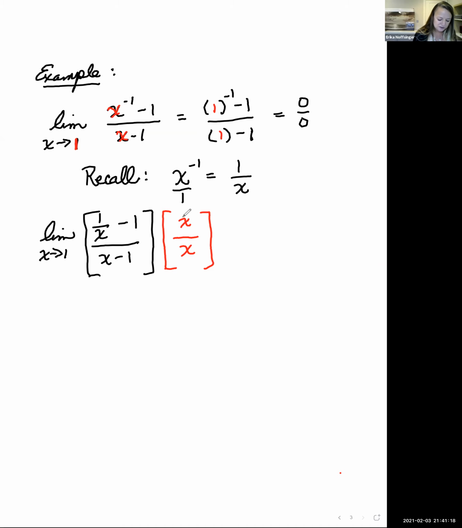So when we distribute this, that fraction goes away. And so bringing down the limit, because I haven't taken the limit yet, we have x times 1 over x, which is 1, minus 1 times x, which is x, all over, distributing this. Do I want to distribute? Well, let's just do it. x squared minus x.